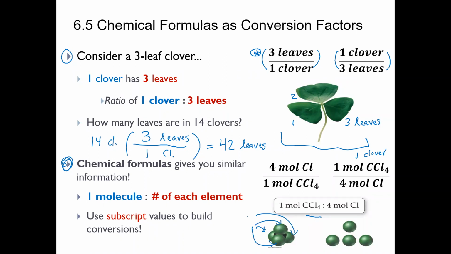These are our chlorines. And then hiding in the center, we have 1 carbon. So yeah, sure. We can have this ratio of chlorines compared to our molecules, or chlorines compared to our carbons. Right, so we can use these subscript values to build our conversions.